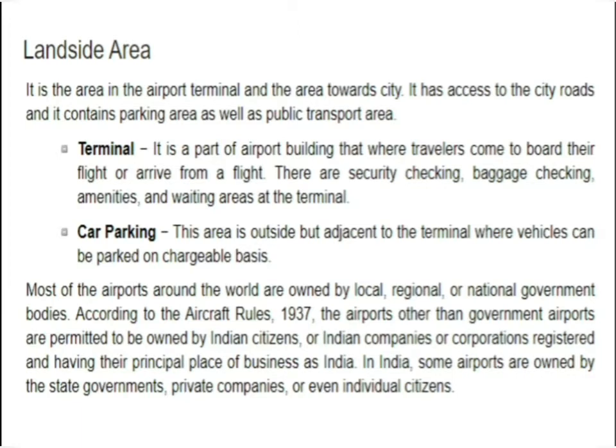Coming to the terminal, it is the part of the airport building where travelers come to board their flight, arrive from a flight, or reach the flight. There are security checking, baggage checking, amenities and waiting areas at the terminal. It means all the facilities provided for the convenience of passengers.